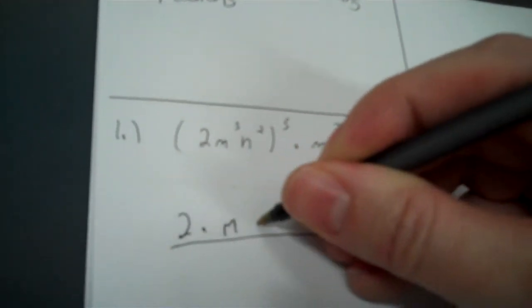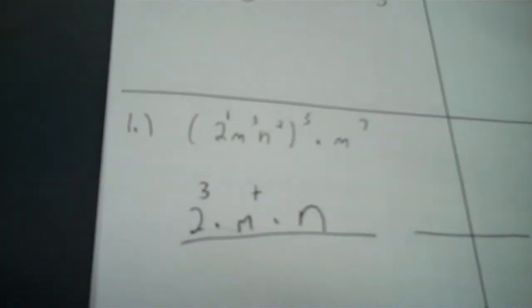Okay. Now this time you are going to make your 3 lines because there's no pluses and minuses within the expression. So we got a base 2, a base m, a base n. So 1 times 3 is 3. Now we have 2 factors of m, so we're going to add the powers. So 3 times 3 is 9, and then plus 7. 9 plus 7 is 16.